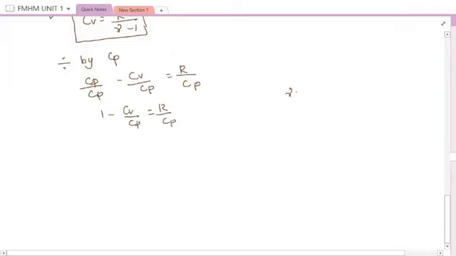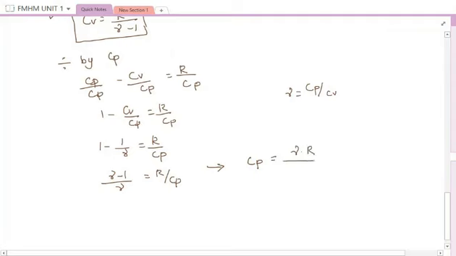You know that gamma equals Cp by Cv, so we can write 1 minus 1 by gamma equals R divided by Cp. Taking the LCM, we get gamma minus 1 divided by gamma, which is equal to R divided by Cp. So from this you can form Cp equals gamma into R divided by gamma minus 1. So this is another relation you can use to find out the value of Cp.